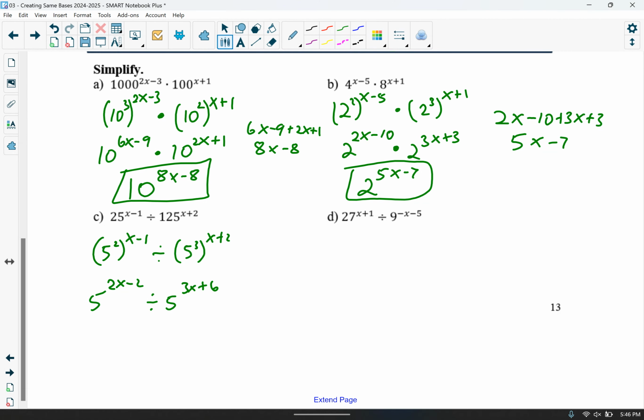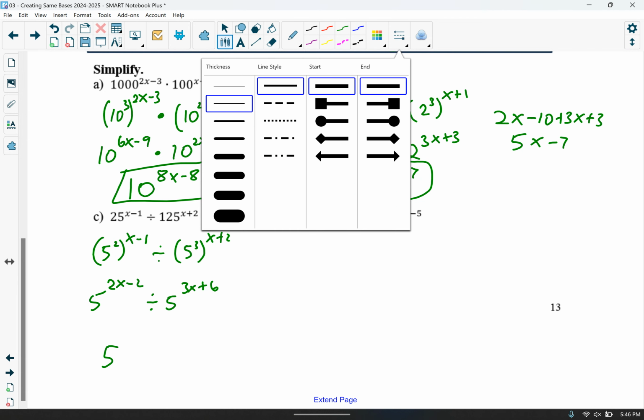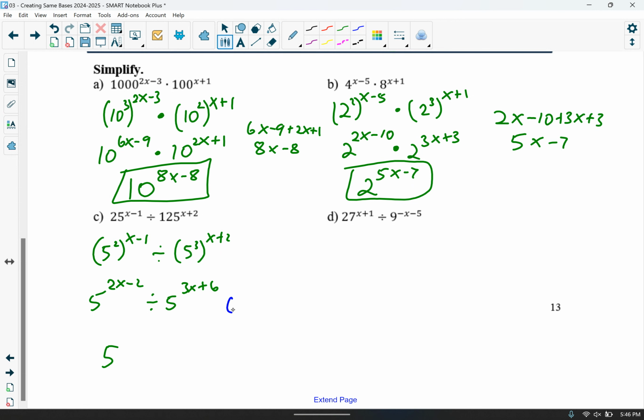And now here with the division, keeping our base, subtracting our exponents. Here is where I'm really going to encourage you to go off to the side and do some of that scrap work. So you can see that we're doing 2x minus 2 minus 3x plus 6. Because we're subtracting a binomial, that negative is going to get distributed.